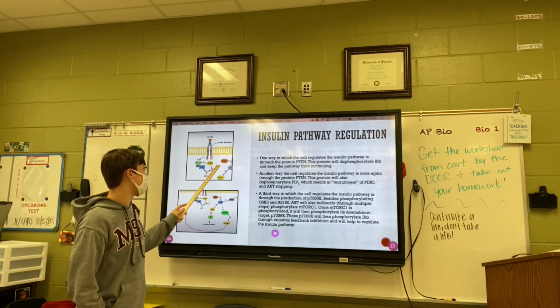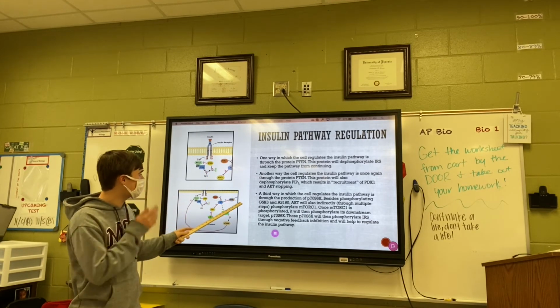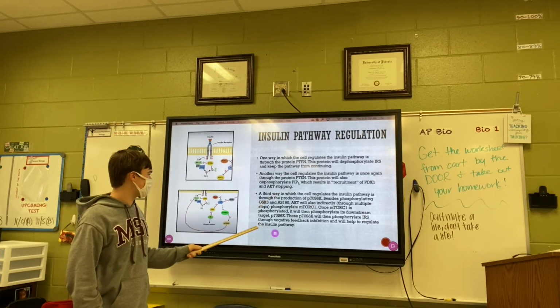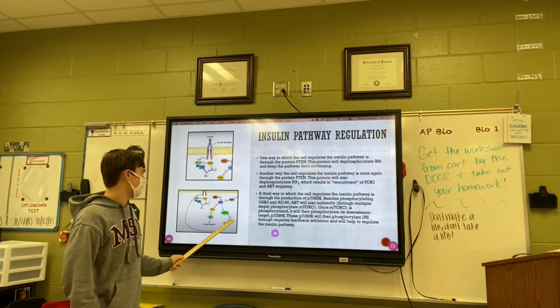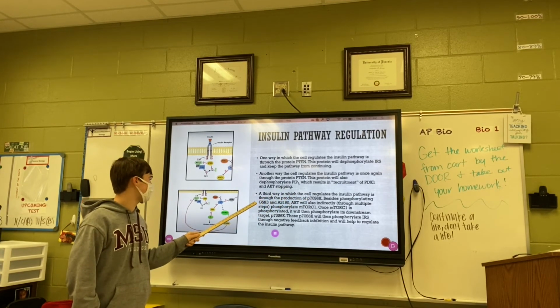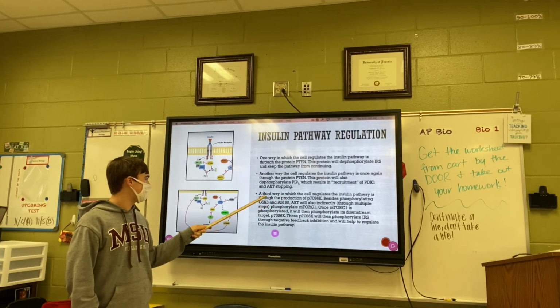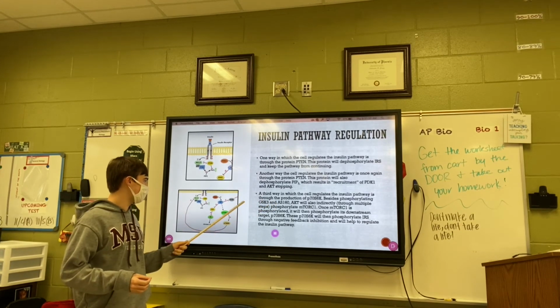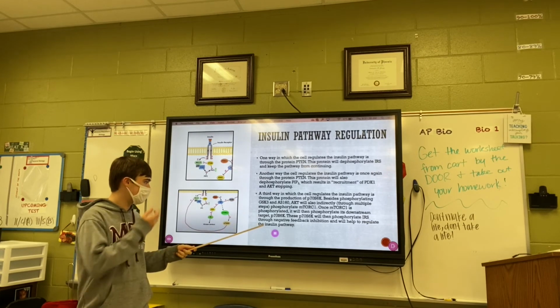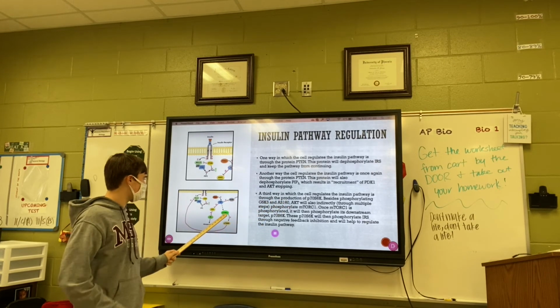And a third way in which the cell will regulate the insulin pathway is through the production of P70S6K, which is right there. And so besides phosphorylating GSK3 and AS160, AKT will also indirectly, so it doesn't directly pass a phosphate group to this next thing, but it does it through multiple steps, phosphorylate mTORC1.